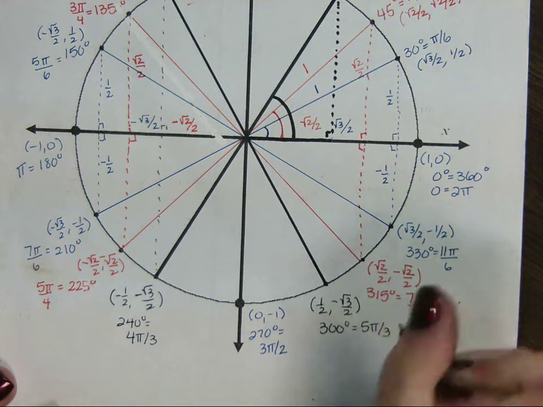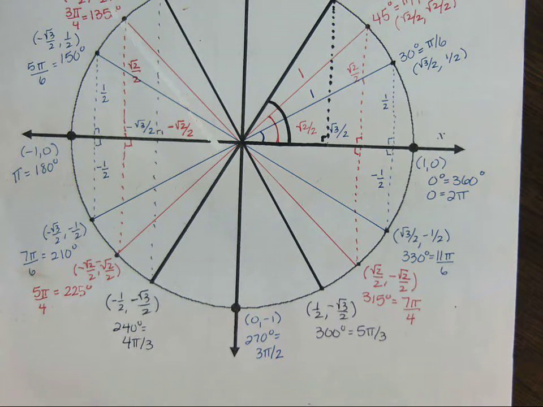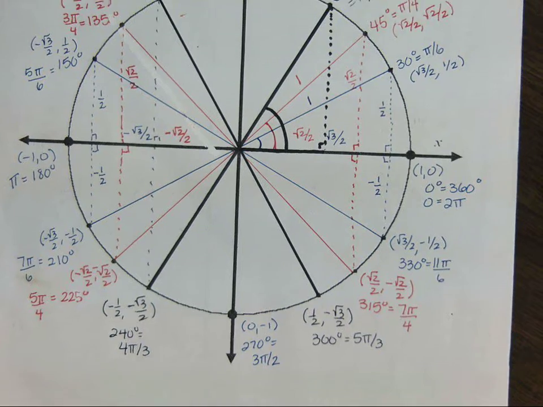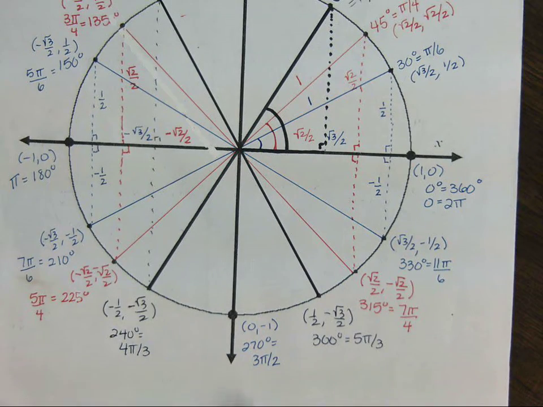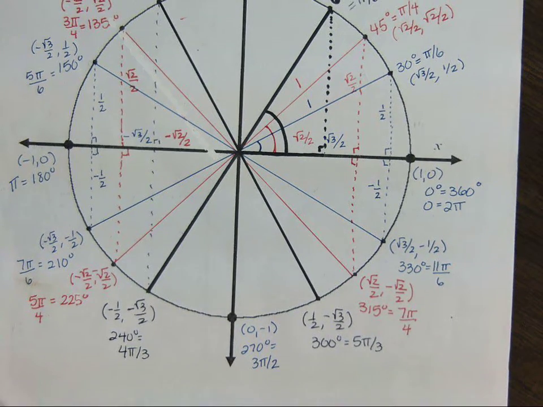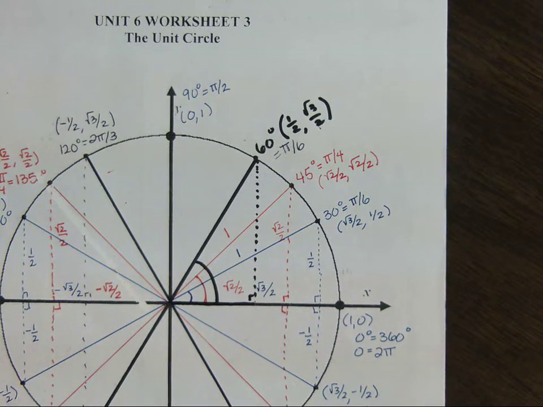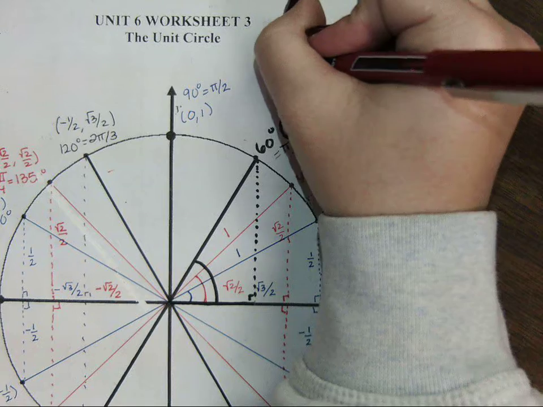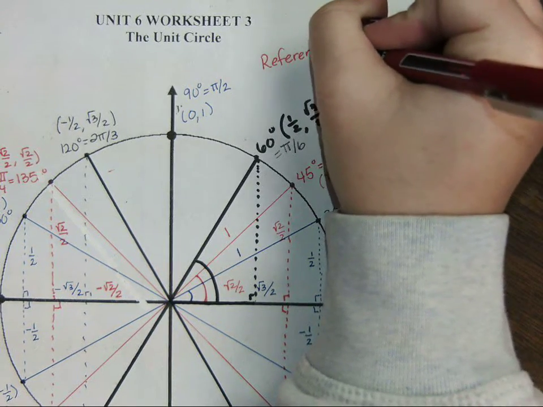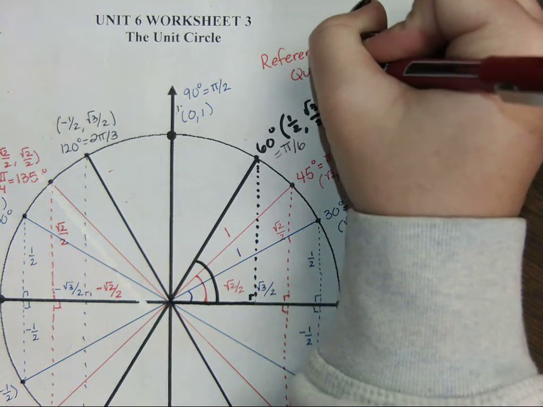So now you're not going to be required to memorize this entire thing. What you will need to memorize are a few different key aspects, and that's going to be up here. We're going to consider this our reference quadrant. All right, so quadrant 1 is always the reference quadrant.